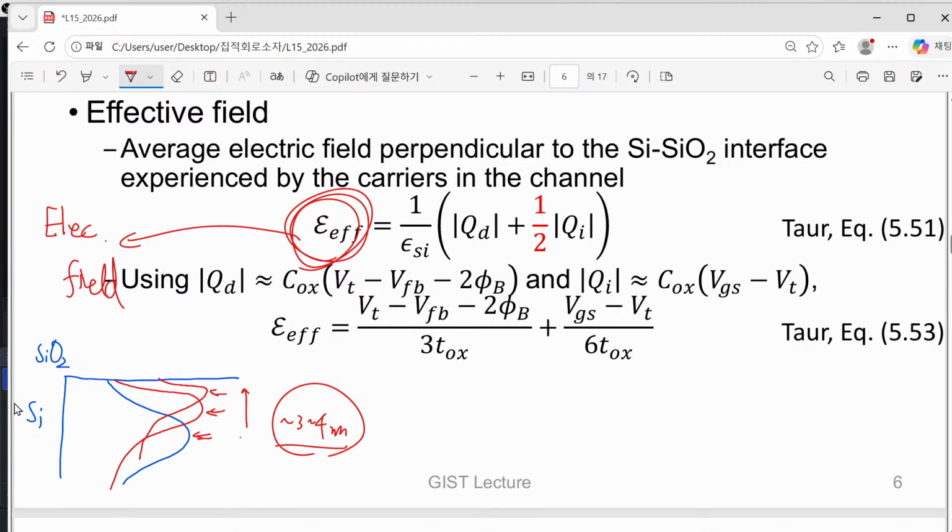Our electron mobility is reduced because our electrons are pushed back to the silicon dioxide interface. Then which mechanism can push our electrons toward this interface? So a strong electric field can introduce a steeper potential well for our electrons.